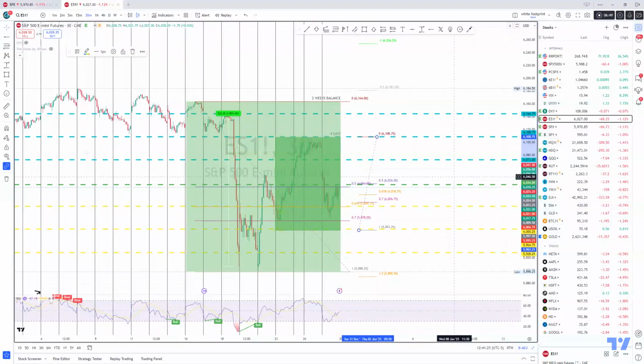What this suggests in terms of the weekly plan is that if we hold above this level, which is the green line, 6034, our targets would be the middle of the gap, 6073, then the top of the gap, or the top of the 4 days balance, which is going to take us to 6108 in this area here.